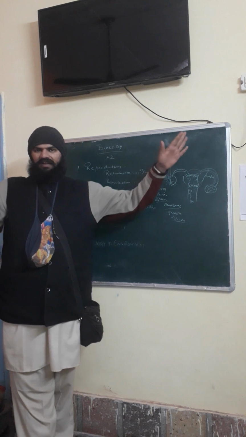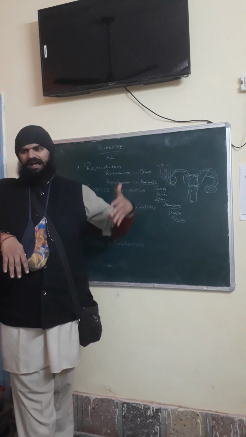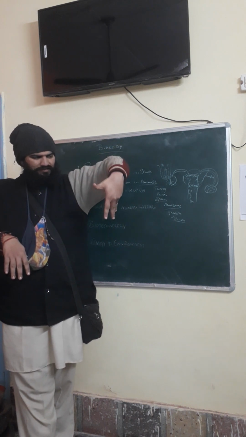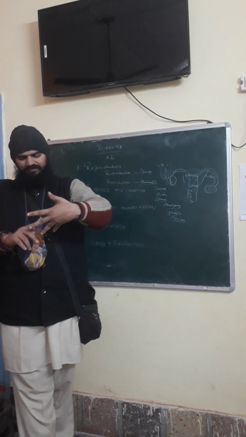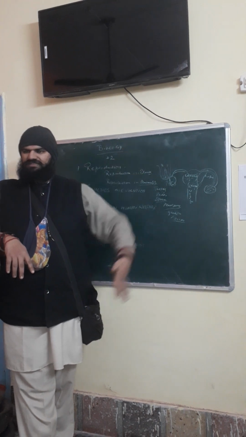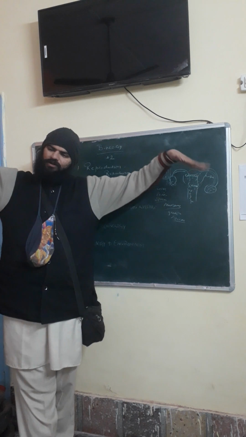In the bat's wing, we have an elbow, a forearm, and further 5 fingers. They are clamped with a paper-like structure, and it has become a wing. Basically, it is naturally an arm. The arm developed into a wing.